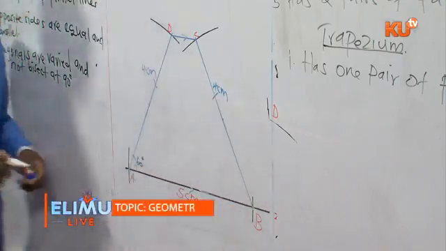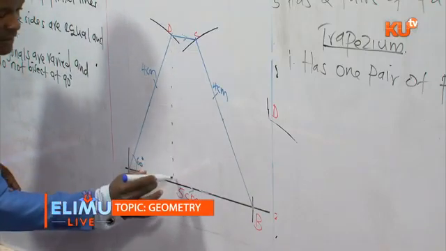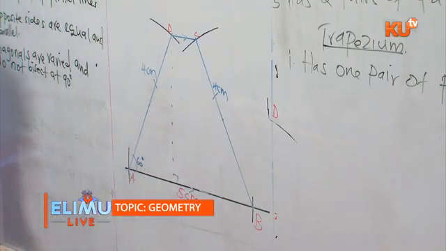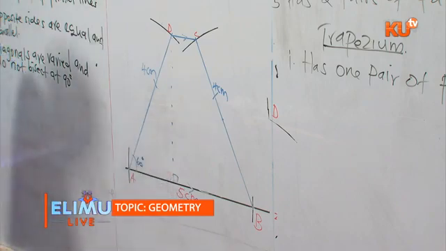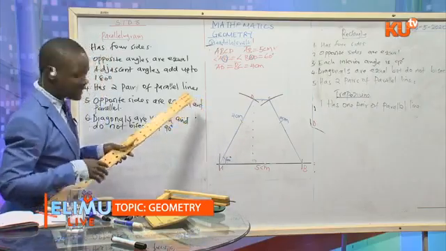This line is 5 centimeters. Sometimes you can just drop that so that this can be 90 degrees. That is how you should drop a perpendicular line.